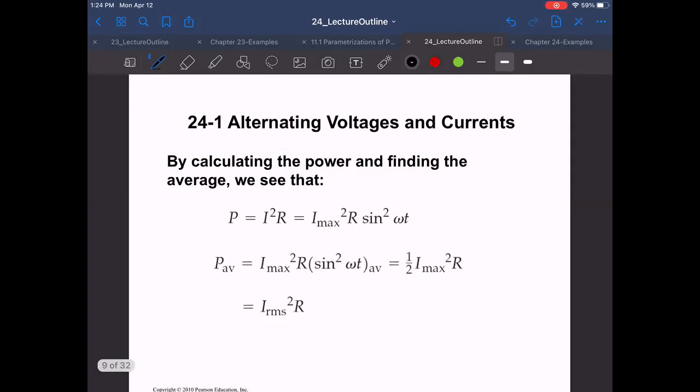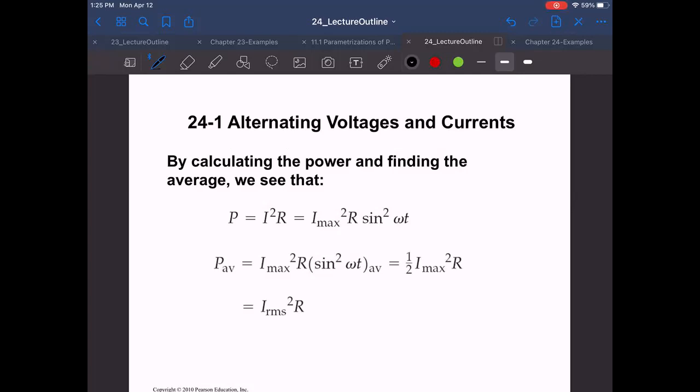Okay, so let's take a look here. We can calculate the power. So P equals VI, which means it's I squared R. And we can substitute in for I, which gives I max squared times sine squared of omega t, times R. And then we can actually average it.